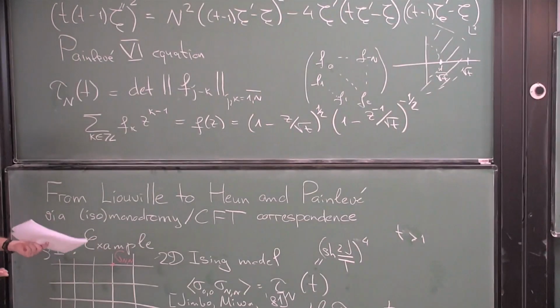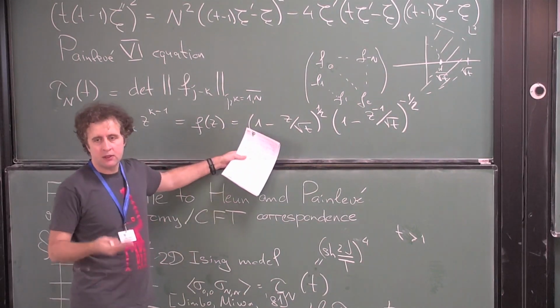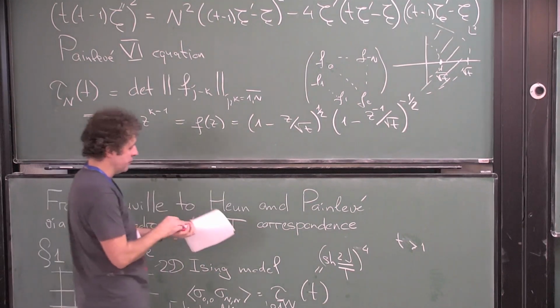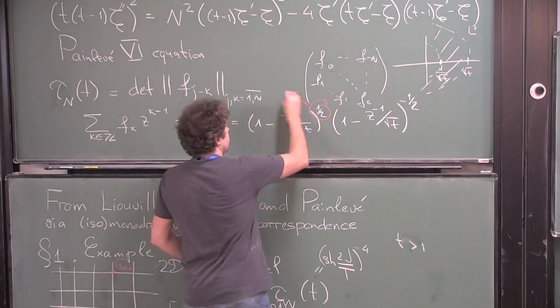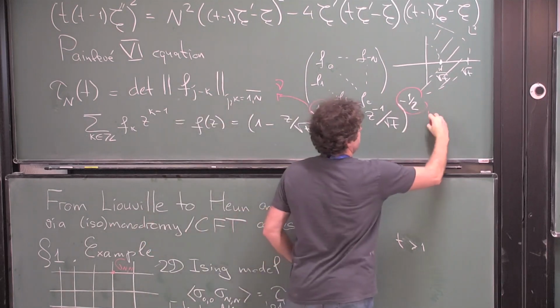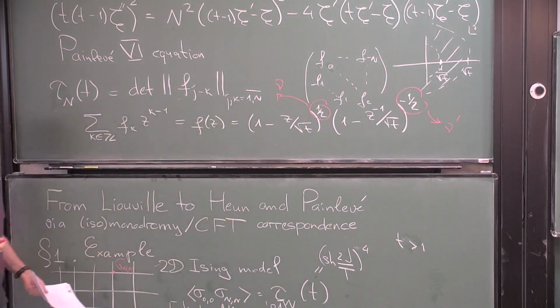So this relation actually generalizes if you modify the symbol in a way consistent with the Coulomb gas formalism. So, for example, you can replace this 1/2 and minus 1/2 by arbitrary complex parameters nu and nu prime.